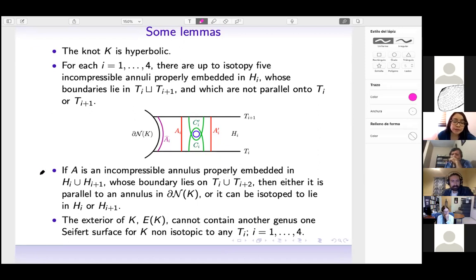The third lemma says that if we have an annulus with one boundary in, let's say, T1 and the second boundary on T3, then we can isotope this annulus to be parallel to the boundary of the knot, or to lie in just one side of this region.